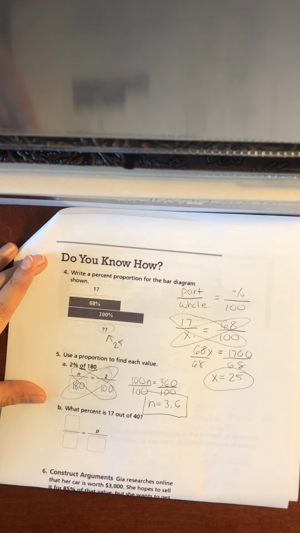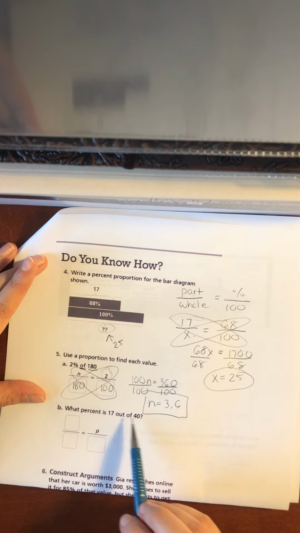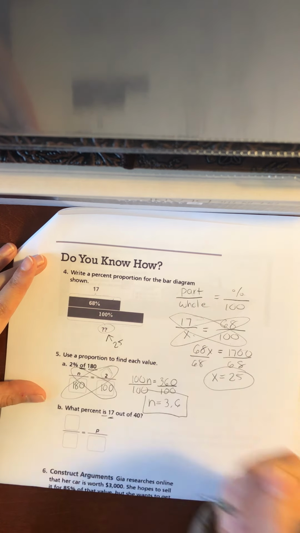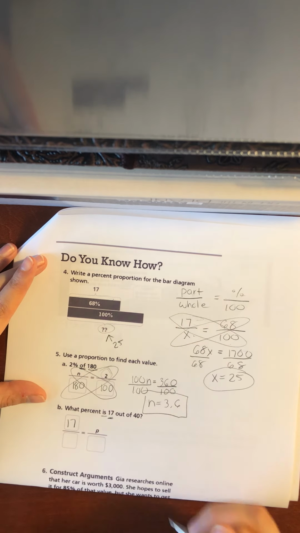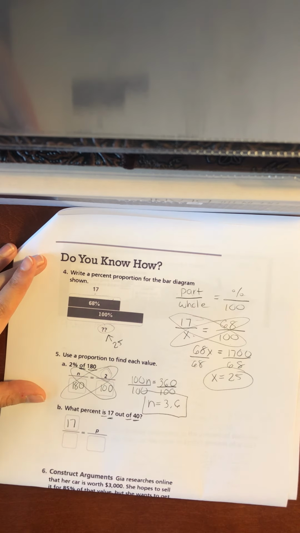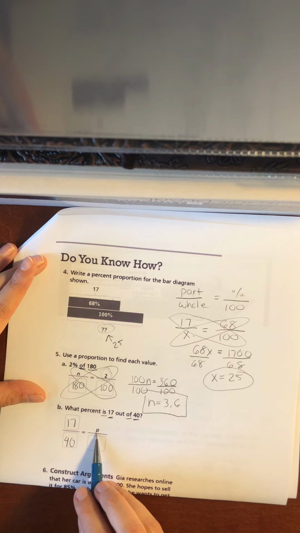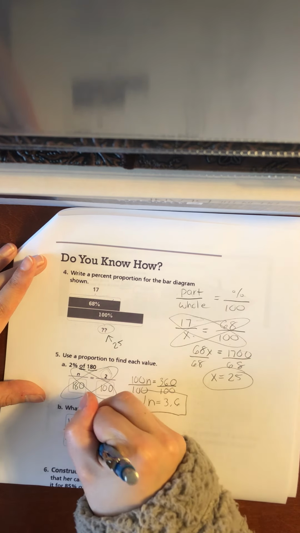Let's do the next one. What percent is 17 out of 40? So 17 is the part, of 40, 40 is the whole, equals percent, we don't know the percent, over 100.